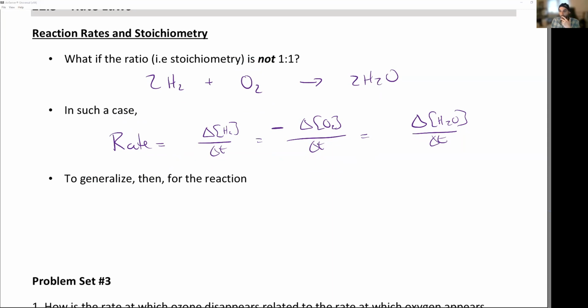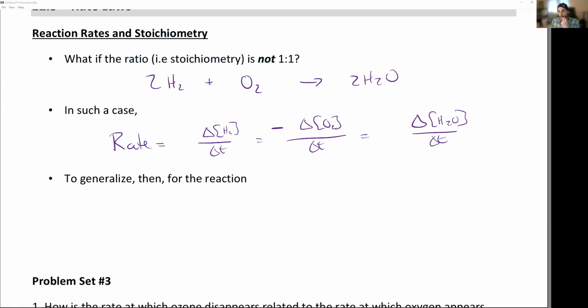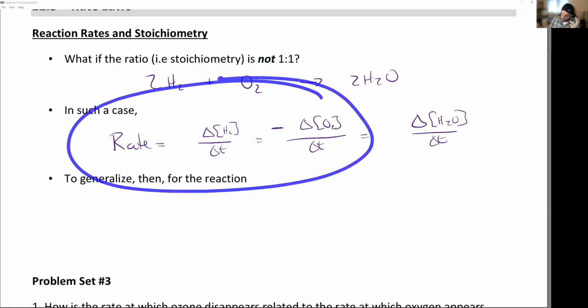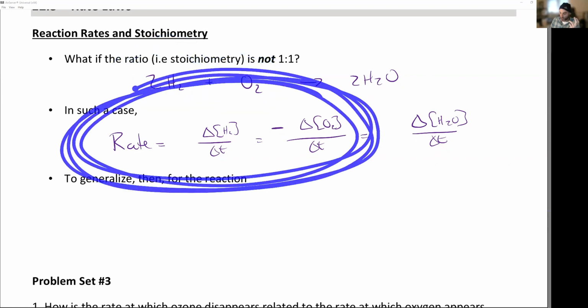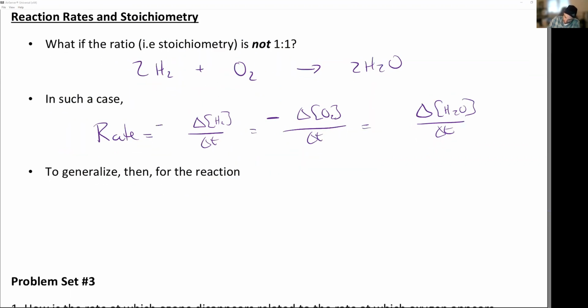Now let's think about O2 versus H2. For every one oxygen that I lose, I lose 2 H2. So let me toss in a negative here, because I put it out front for a reason. You'll see in a second.